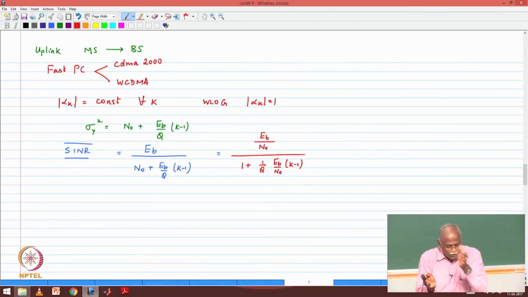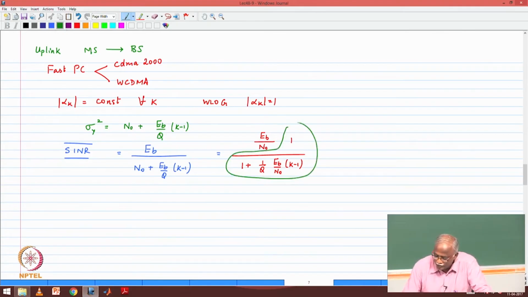This is going to take you away from the performance of a single user system, and by how much it takes you away is called the degradation parameter, DG. Best case it will be equal to 1, but mostly it is less than 1.